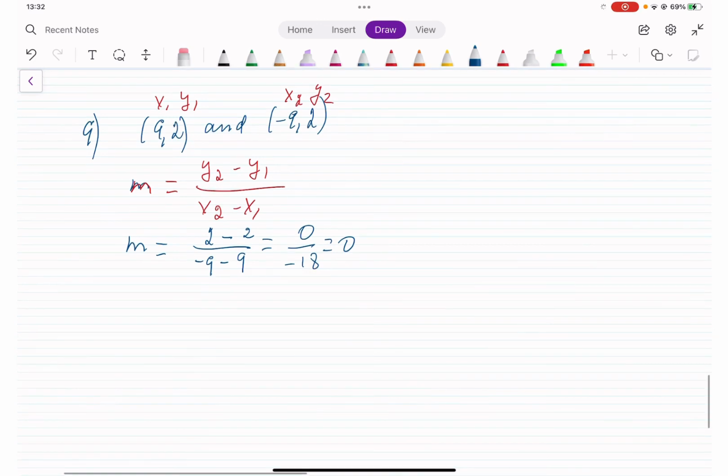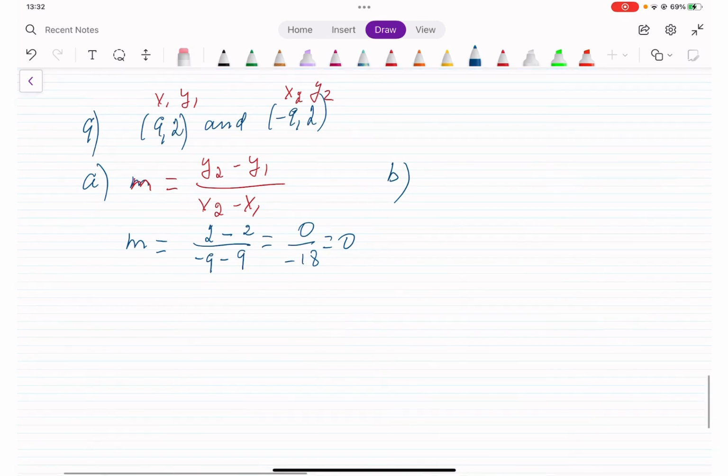And the second part, this is part A, and part B would indicate whether the line through the points rises, falls, or is horizontal. Every time the slope is equal to 0, the graph is a horizontal line.